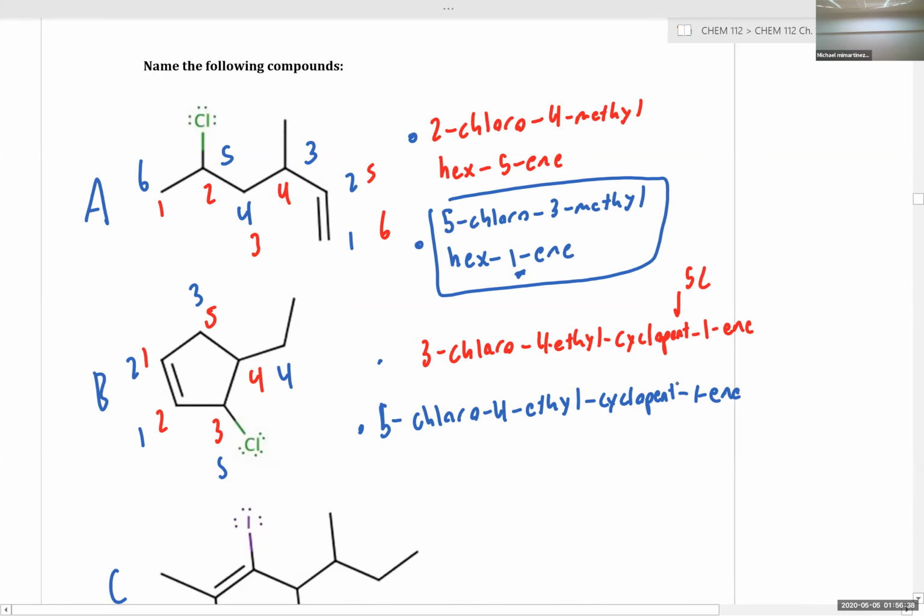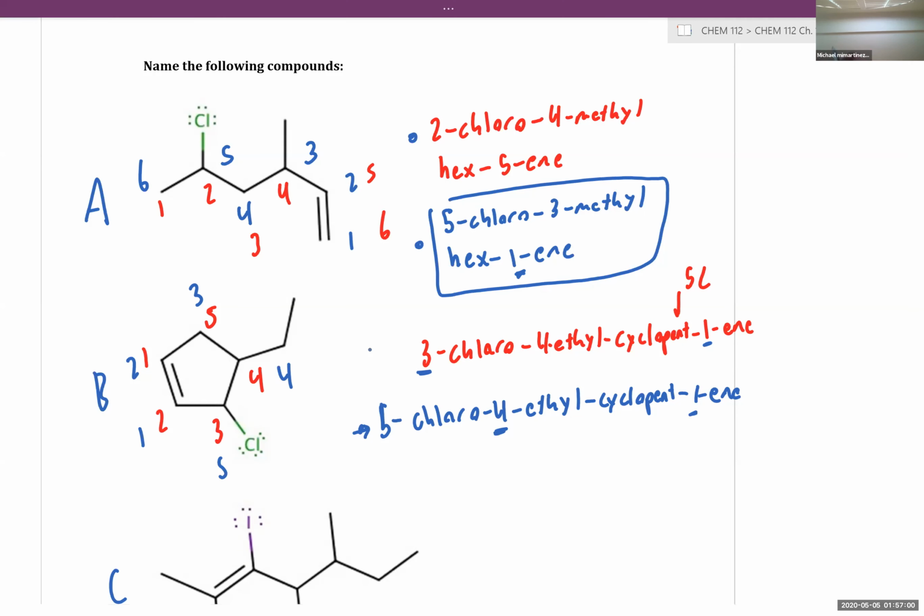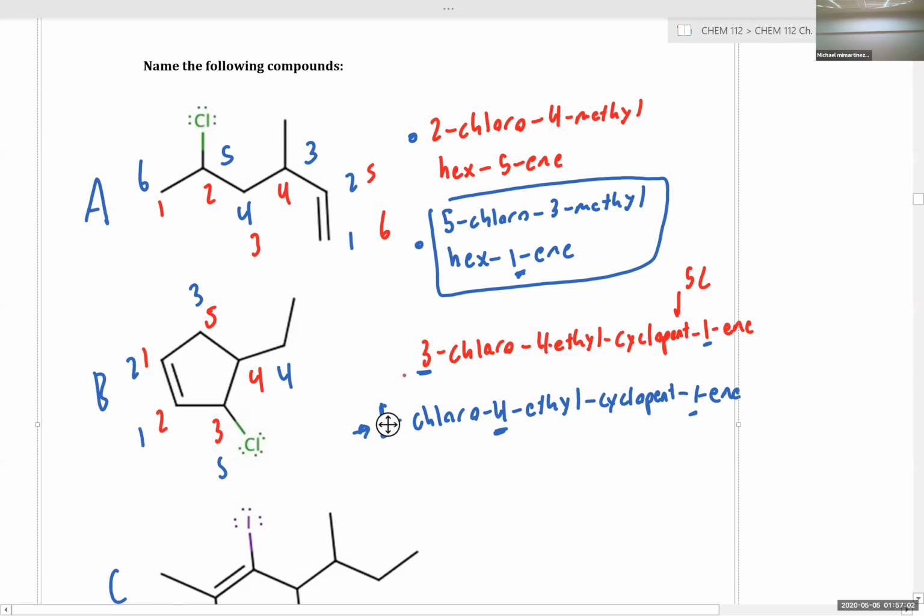Okay, so now comparing our naming methods in blue or in red. First, our alkene locant numbers are the same. Now we look at our first substituent, our first locant number. So what is lower, 3 or 4? 3 is lower, ergo the name in red is preferred.